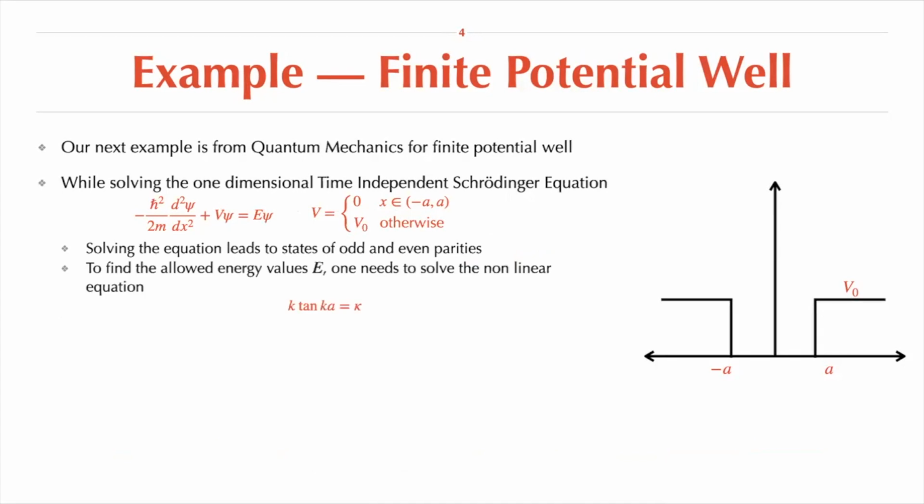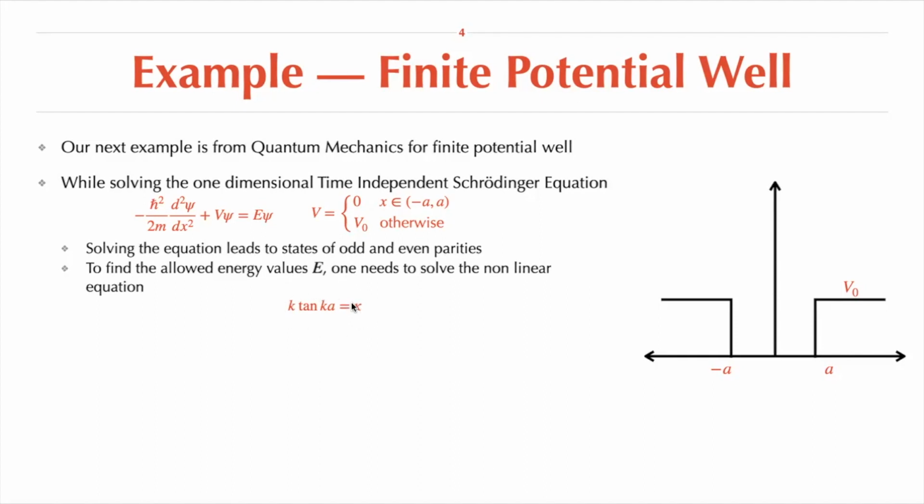That's not very important right now, but the important part is that you get this sort of equation, because in a quantum mechanical system, not all energy states are allowed. The system can only take some discrete energy states. The same thing happens here. In order to calculate the energy states, this is the equation you need to solve.